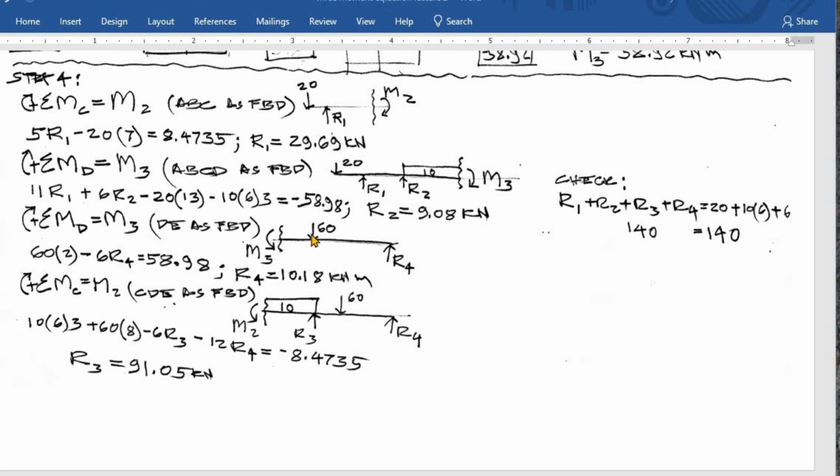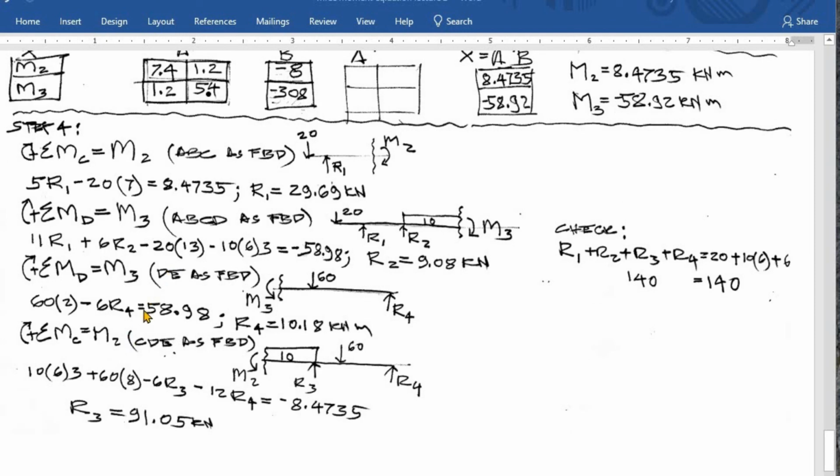Yan yung concentrated load minus 6R4. Minus in the sense na si R4 magkokos yan ng counterclockwise moment. And yung moment niya ay 58.92. Naging positive kasi opposite direction siya, no? Take note yung 58.92 kapag kino-consider natin yung left section. But this time, ang kinonsider natin ay DE, yan yung right section. Kaya, naging positive si M3. So, from here, you can solve for R4, which is 10.18.